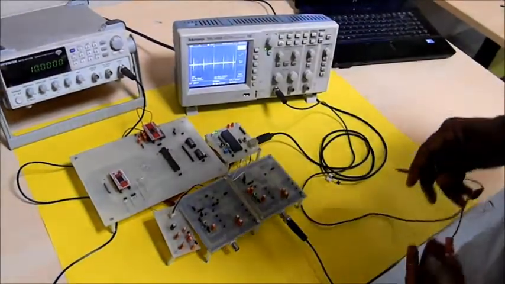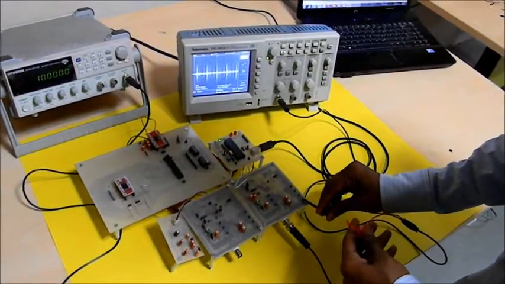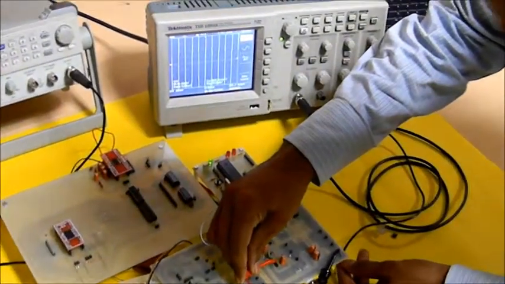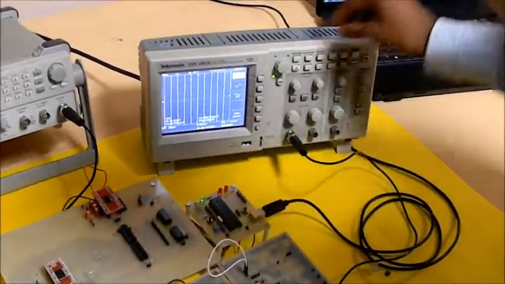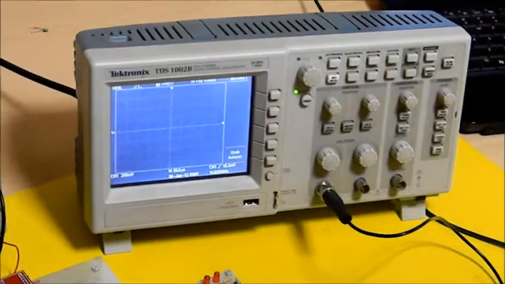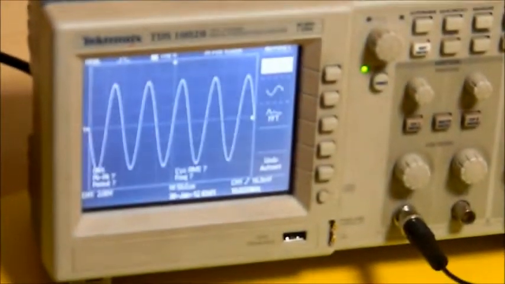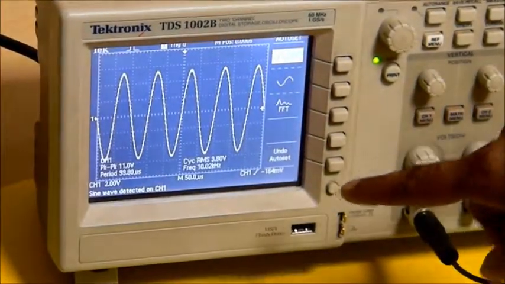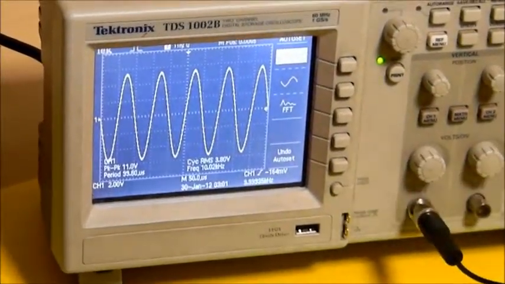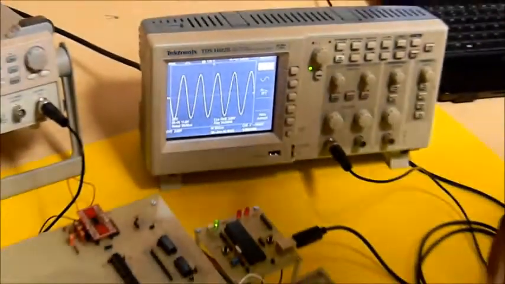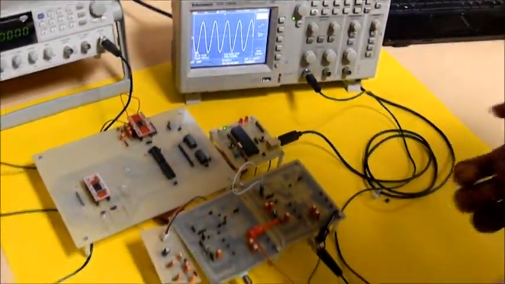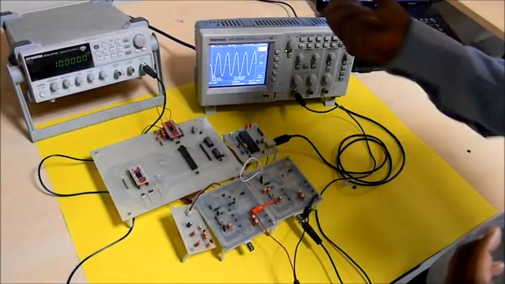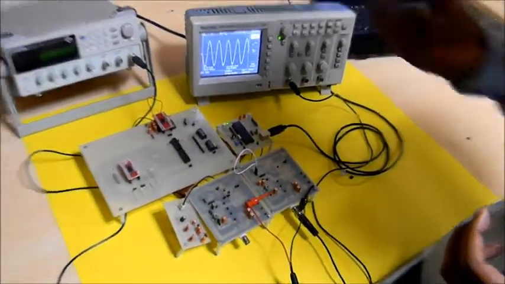Now, the signal being fed to the circuit is 11 volt peak to peak and 10 kHz in frequency. This signal is firstly fed to an attenuator stage. This is to scale down the high amplitude signals into the amplitudes which are acceptable to the signal conditioning and the gain setting circuits.